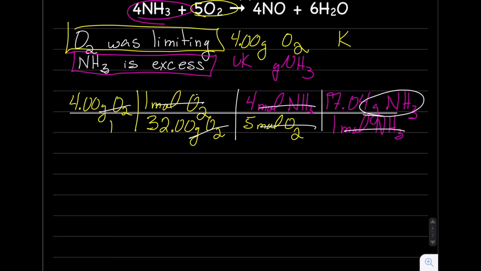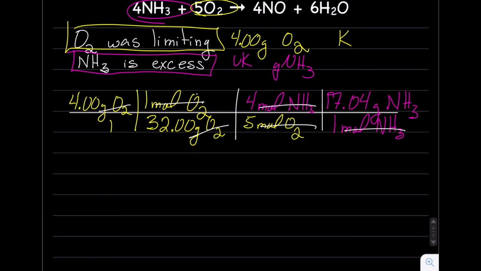So the next thing we need to do is multiply across the top, multiply across the bottom, and divide. So when we multiply across the top, we're multiplying 4.00 times 4 times 17.04. I got 272.64 grams NH3. And multiplying across the bottom, 32.00 times 5, I got 160.